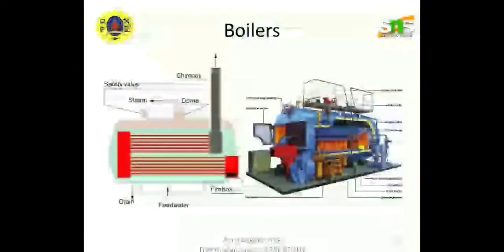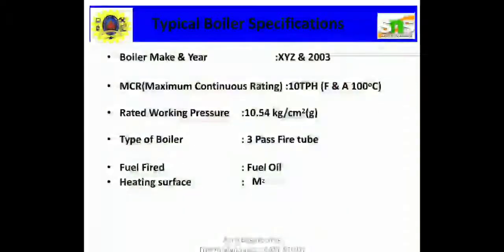This is an example diagram of a boiler. The safety valve, chimney and dome are here. This is the full construction of the boiler section. These are the typical boiler specifications used in this case study. It is a boiler made in the year 2003. The name is XYZ.